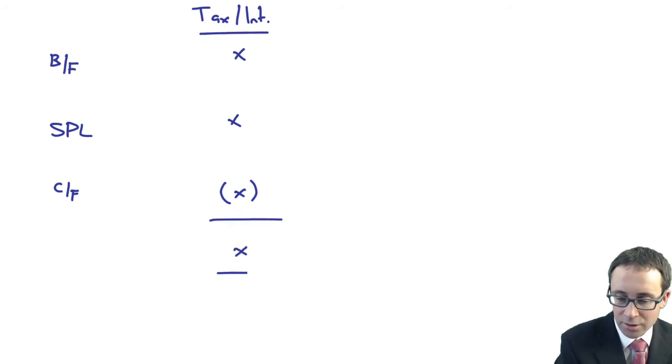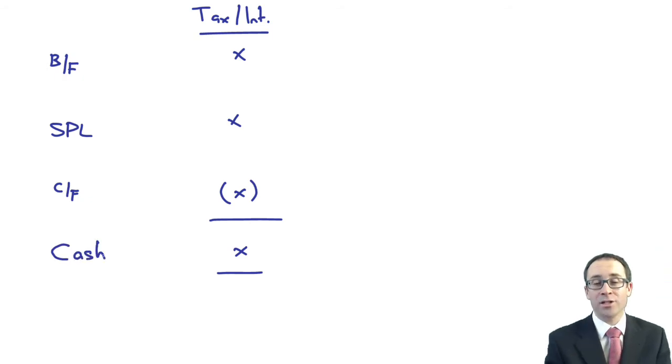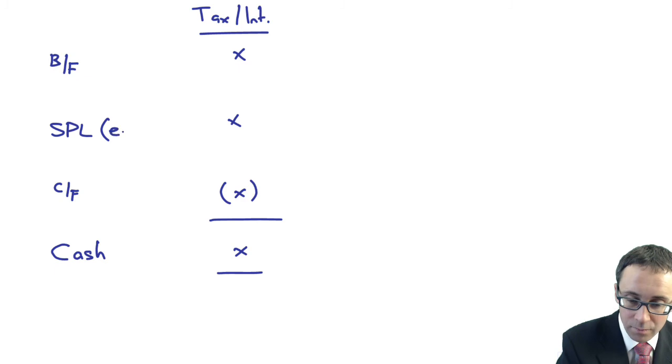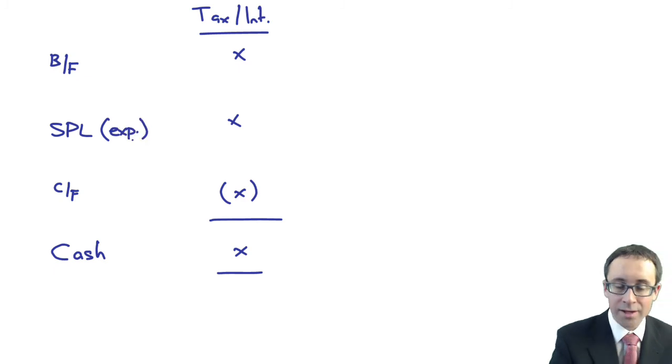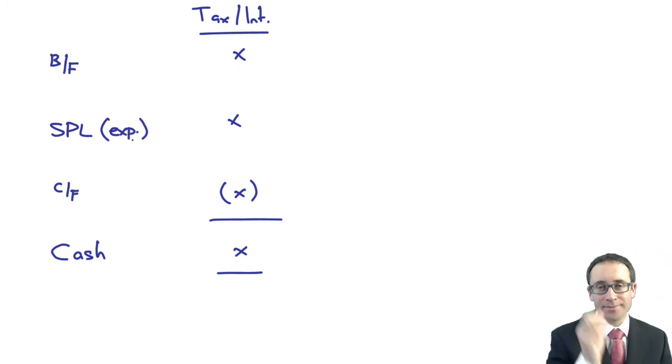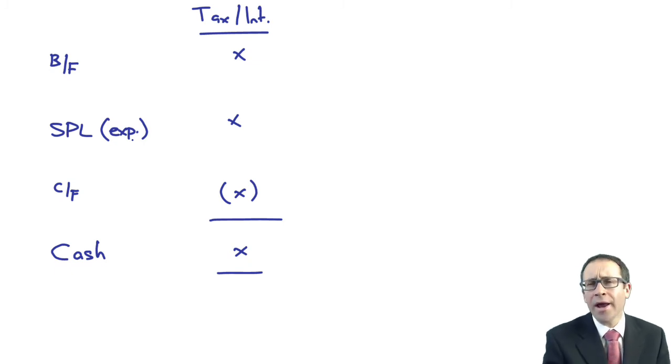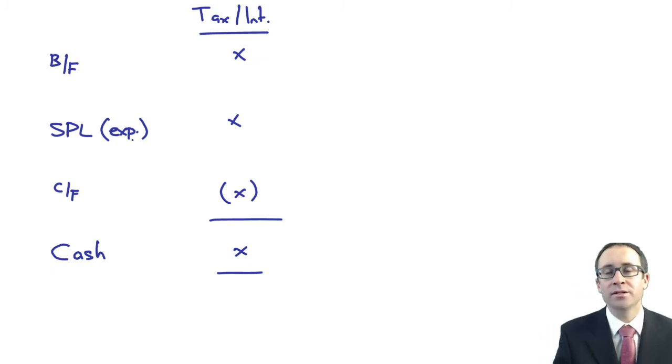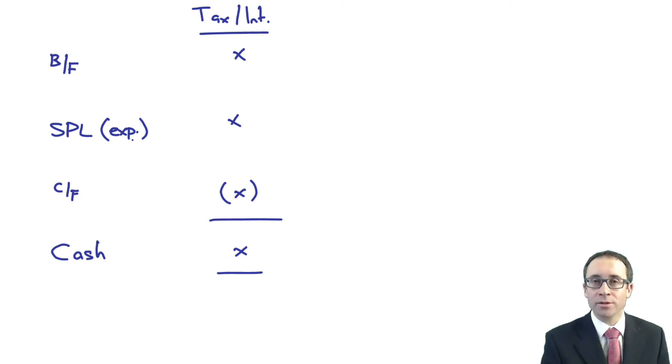So finance cost. And you take your opening, add on the expense, and deduct the carry forward to give you your cash figure. Okay. I know, that's much easier than T accounts, but I do think that fundamental principles are important. If you understand the fundamental principles of debits and credits, you're going to make a pretty good accountant.